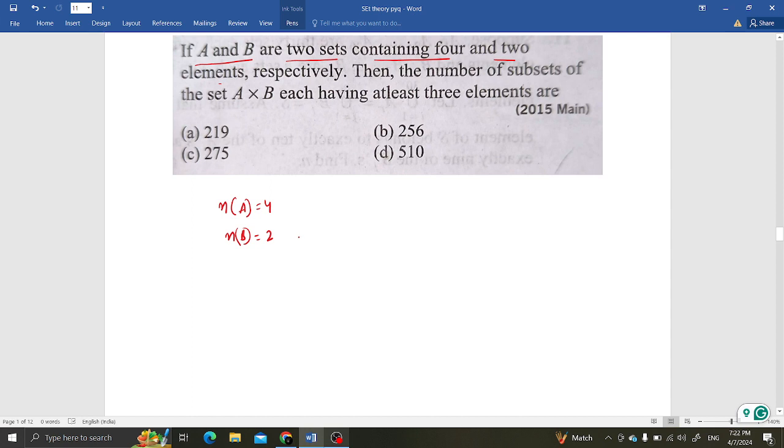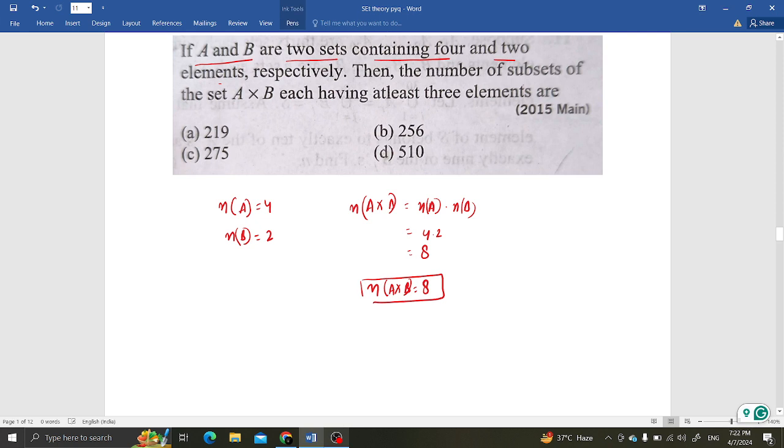The number of subsets of the set A cross B: first of all, the number of elements in A cross B, we know, is n of A into n of B. The formula we know. So n of A is 4, n of B is 2, so it will be 8. It means the number of elements in A cross B is 8.